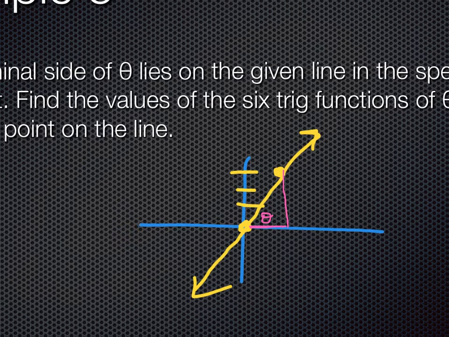Now my horizontal, and it's not very accurate, but my horizontal was 1 and my vertical was 3. Rise over run, 3 over 1, right? Now I've got my side length. Is 1, 3 part of a triple? No, so I've got to do the Pythagorean theorem to find the missing side. 1 squared plus 3 squared, 1 plus 9, which is 10, and that missing side is the square root of 10.